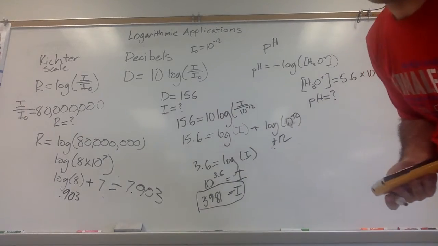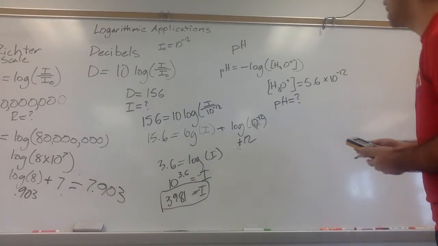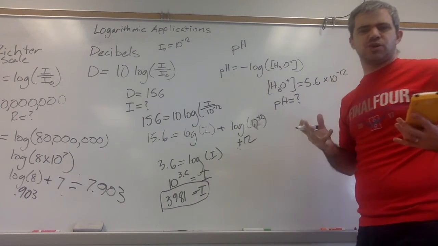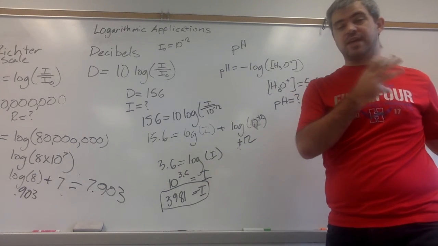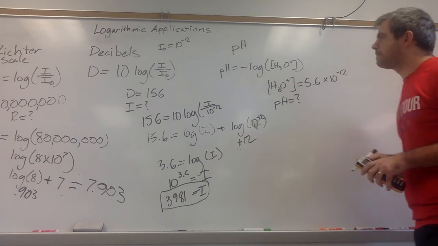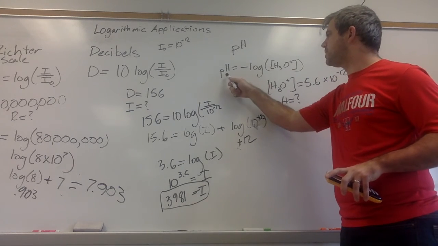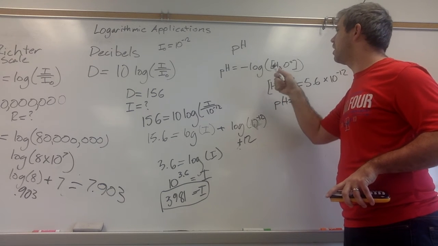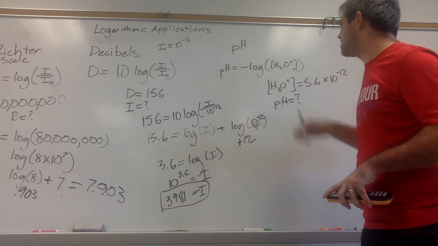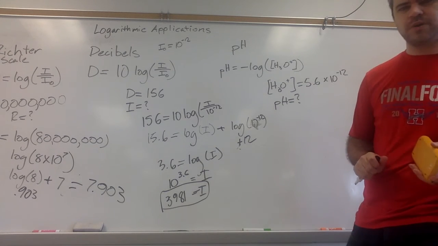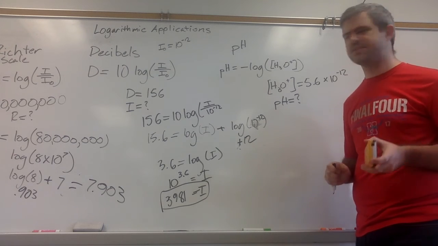All right, finally, let's look at pH. So pH is a measure of whether something's an acid or a base. So it basically measures acidity. The formula it gives you is pH equals negative log base 10 of the concentration of, I think it was hydronium. I'm probably saying that wrong.